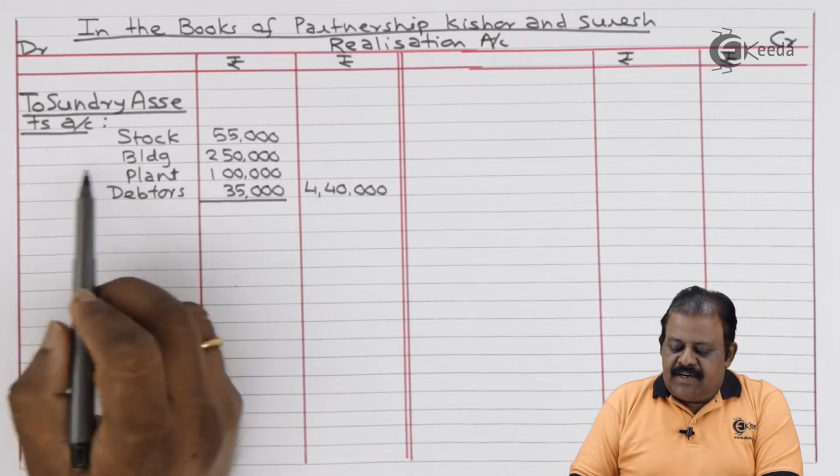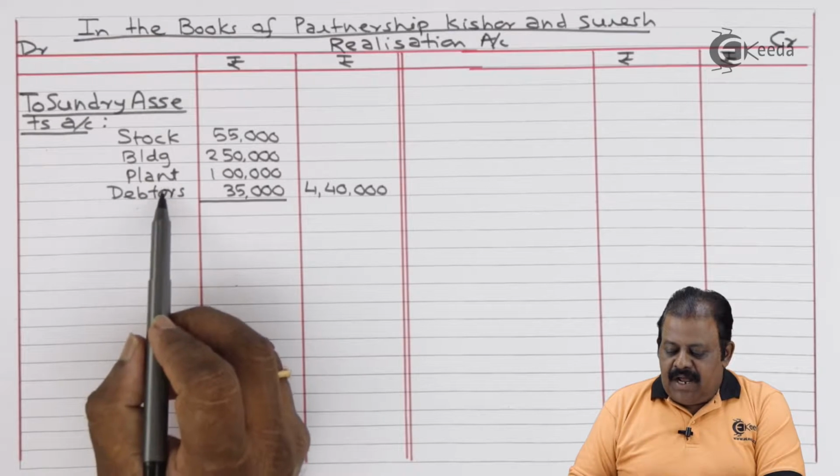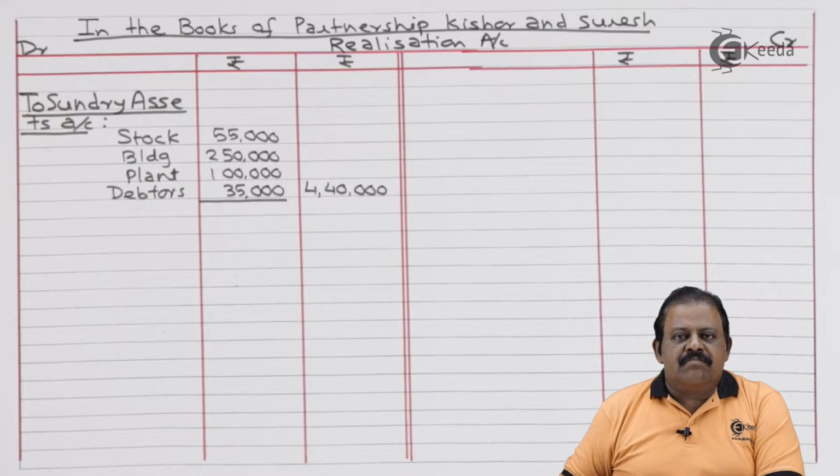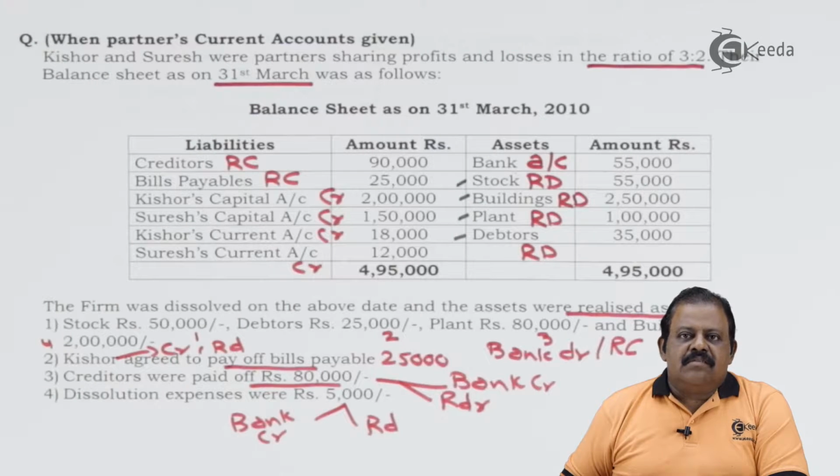Realization account debit side to sundry assets. Stock, building, plant, debtors transferred. Total book value 4,40,000.